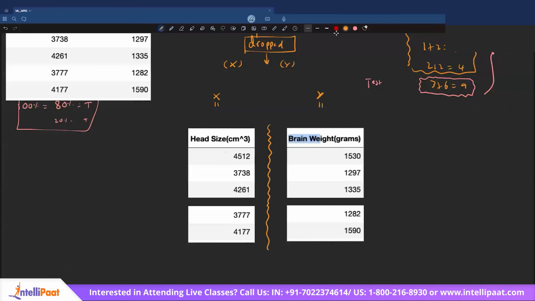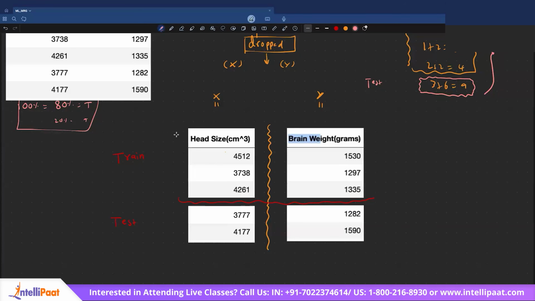And the second cut I made was separating this. You know why did I make the separate cut? Because this entire data set is going to be used for training, and this entire data set will be used for testing. Did you understand what I did? I first separated the X and Y, and then I separated the X separately and Y separately, and I call them training and testing.